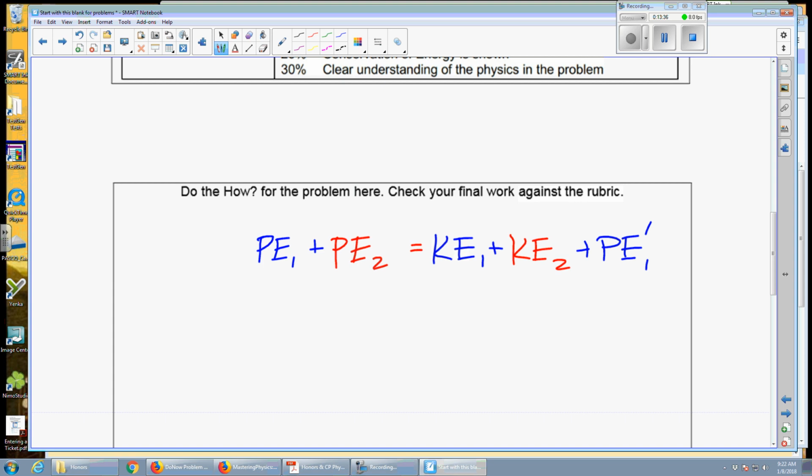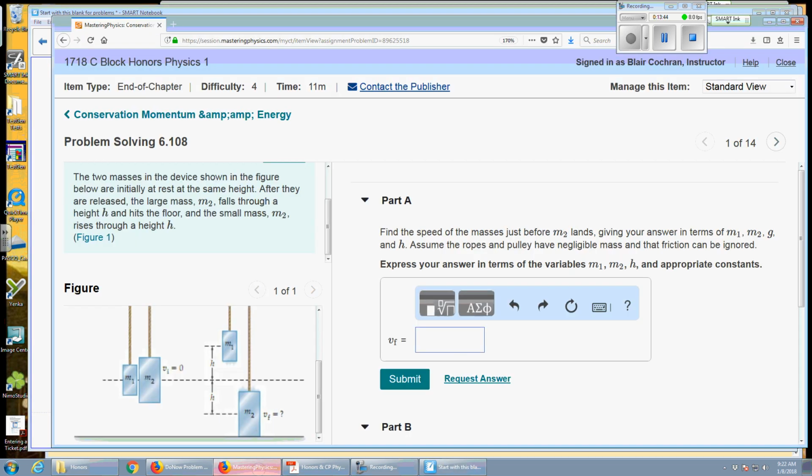So, M1g. Now I'm going to call this point where M2 ends up as 0. That means M1 and M2 start at a height of h, and M1 ends up at a height of 2h.